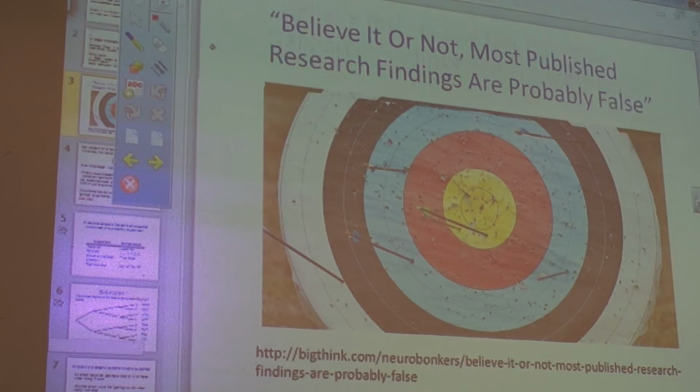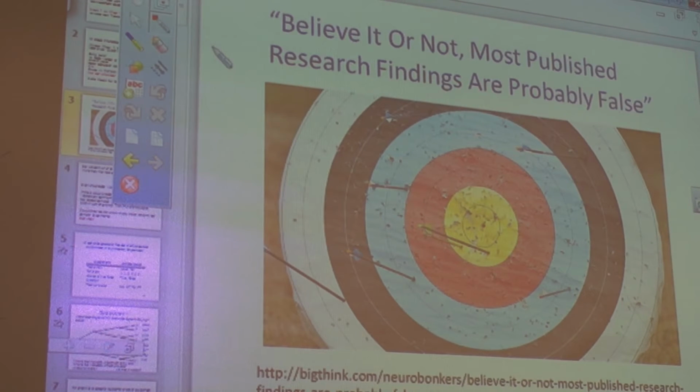Right. Believe it or not, most published research findings are probably false. Remember a while ago I talked about how samples, just randomly, once in a while you're going to get an unusual sample and not know it. That's going to happen. Our guideline for unusual is 5% or less, 0.05 or less.